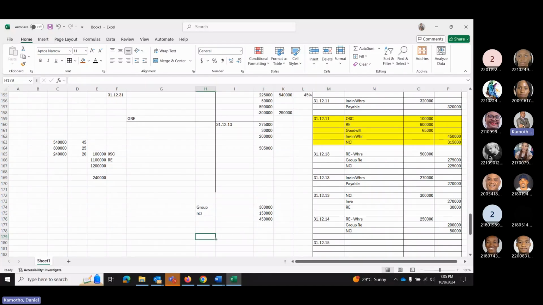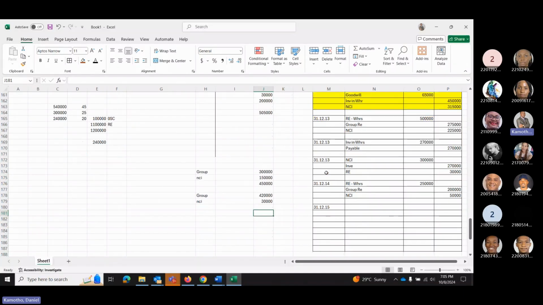Of this, we attribute to NCI only 20% of what was made in the subsidiary, and then the group will take the other portion. Attribution is the difference, which is basically the total minus what is going to the NCI. So of the 450,000, 420 belongs to the group, and the rest belongs to the NCI.